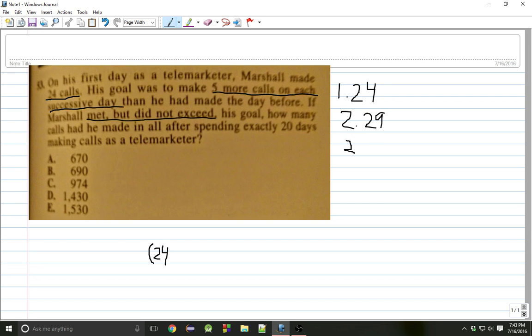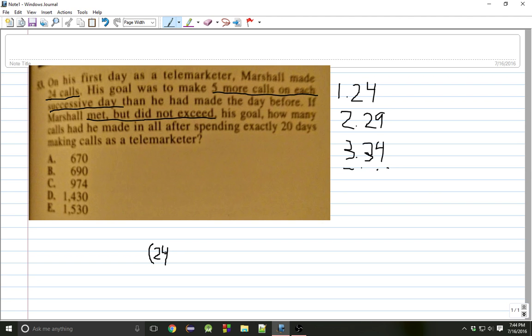And on the third day he'd get 34. So we know that this pattern goes on and on. What this essentially is, is an arithmetic series.